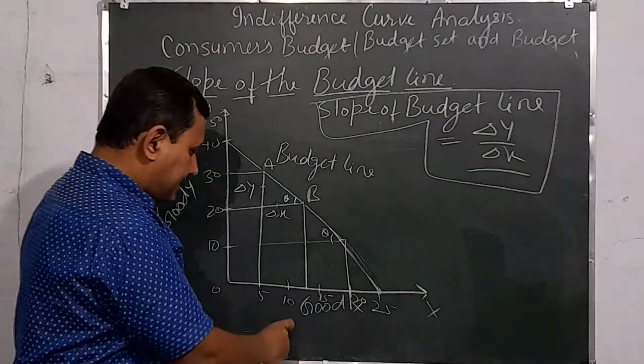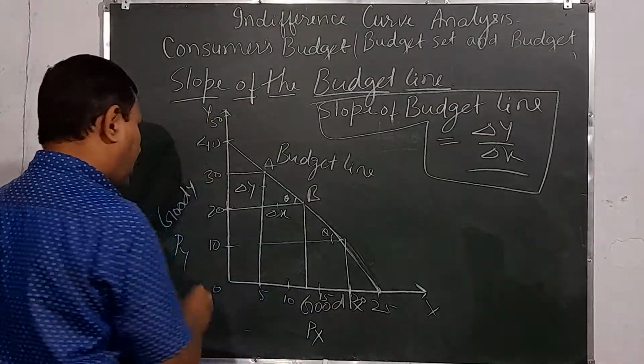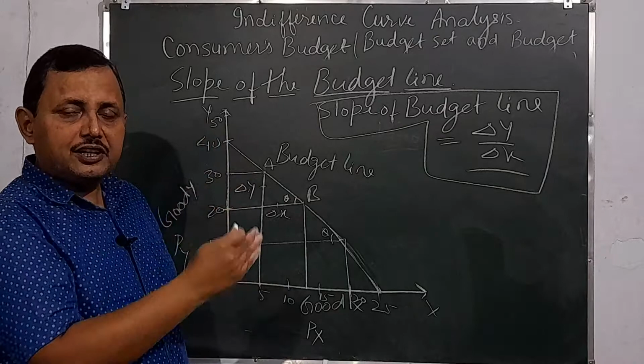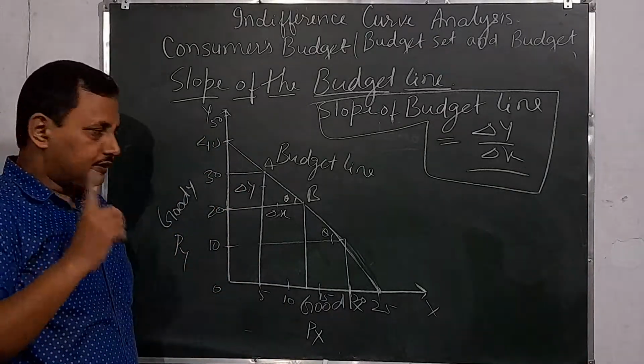Now, if the prices of good X and good Y are given, how do we measure the slope of the budget line in terms of Px and Py? Just listen here.